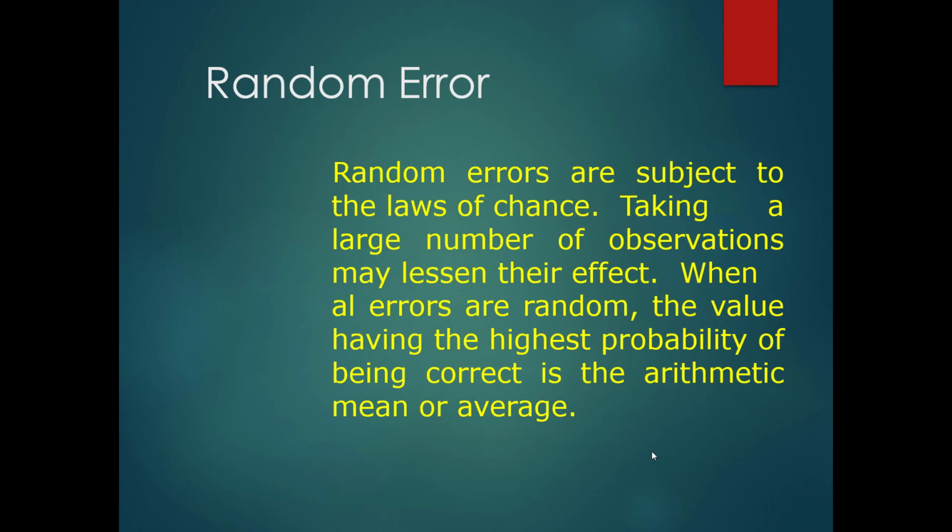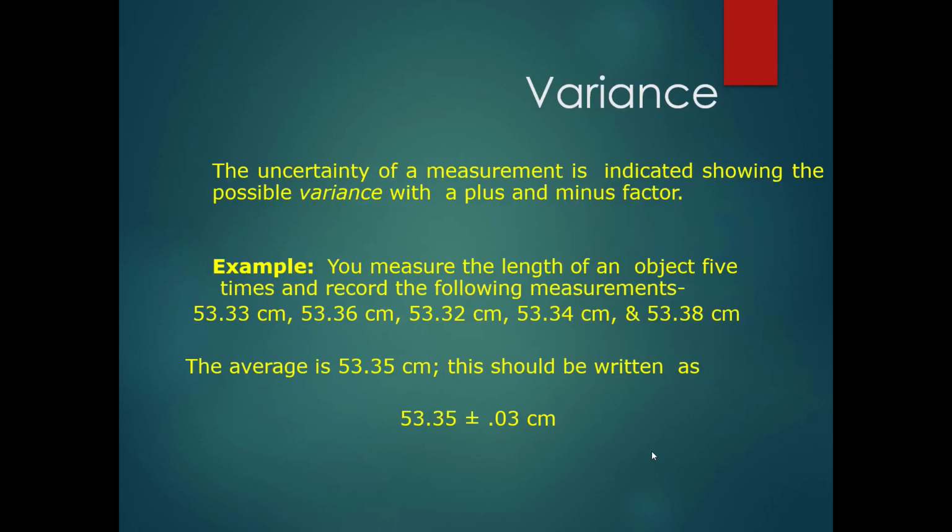The best possible thing you can do is take an arithmetic mean. You can take an average of 5 readings or 10 readings, and that average you consider as your measured value. Now in terms of the measured value, there is a property called uncertainty or variance. This uncertainty of measurement is reflected by the variance. For example, you measure the length of an object 5 times and record the following measurements, as you can see from the slide. The simple average is 53.35 centimeter.